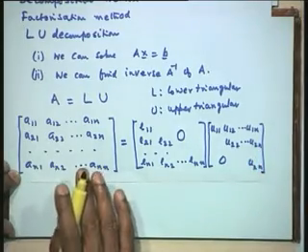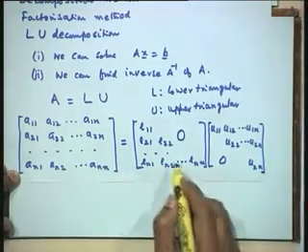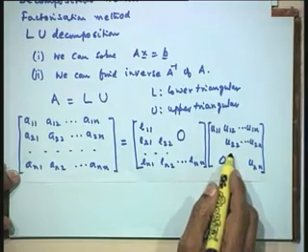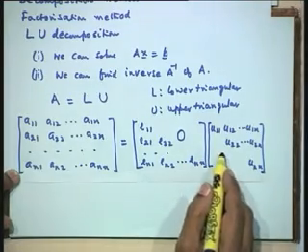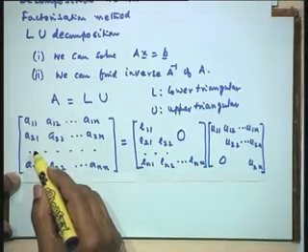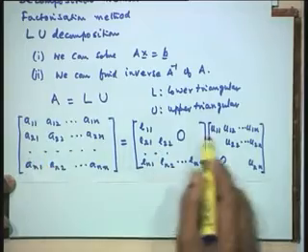The idea behind the procedure is simply that we multiply the two matrices on the right hand side, compare with the elements on the left hand side, and then obtain the solution.